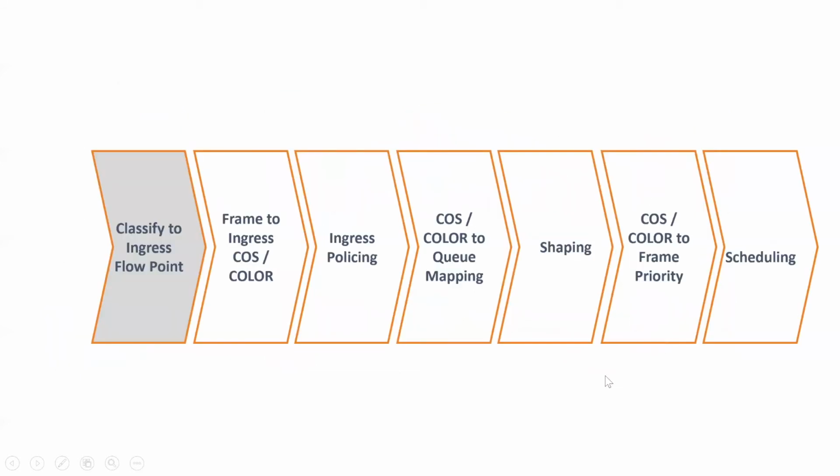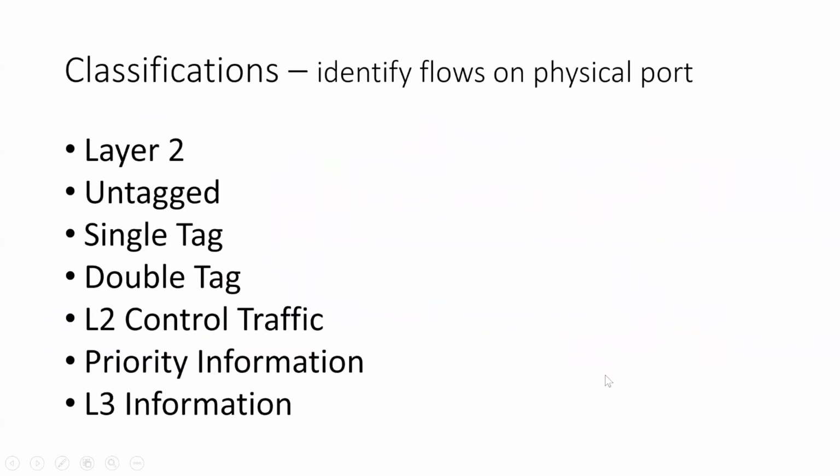So the first thing that we're going to do is we're going to classify the traffic to an ingress flow point. So classification is saying, okay, we're receiving traffic on this physical port. To which flow does this packet belong? So it might be a layer 2 packet. We might look to see whether or not it's untagged. If it's tagged, is it a single tag? Is it double tagged?